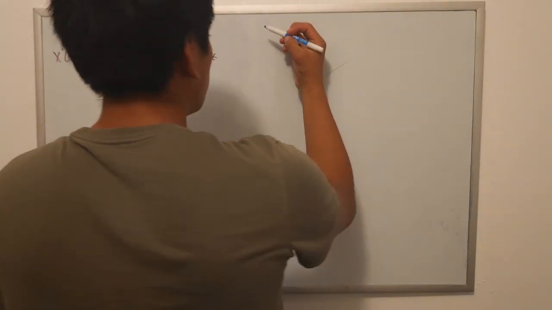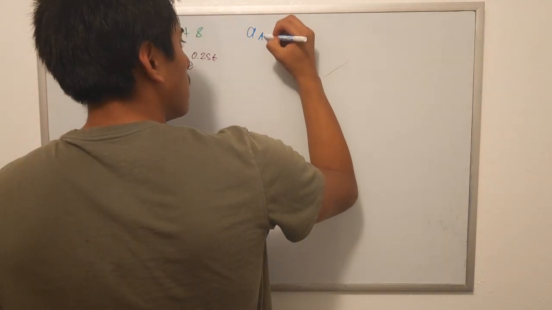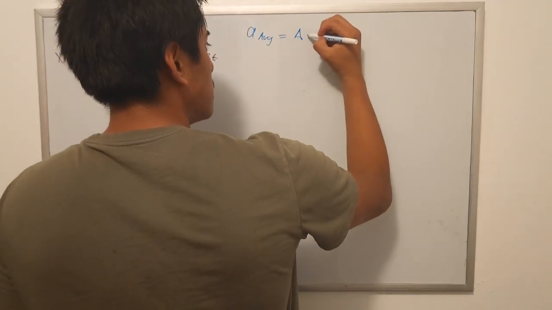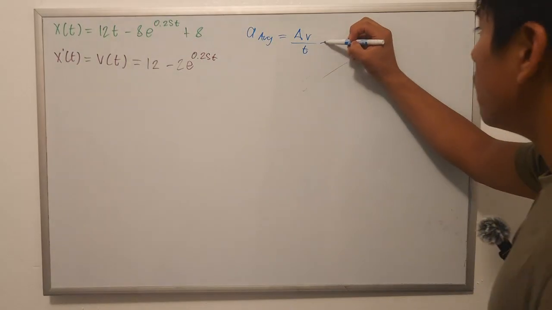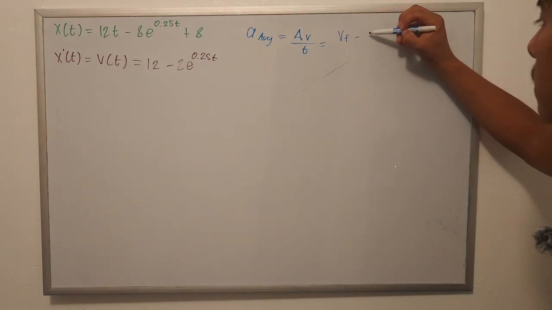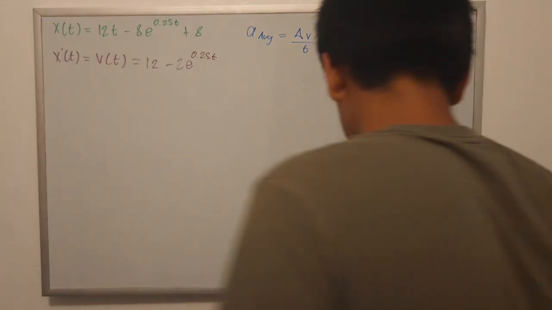So we're going to use a very similar equation, which is the average acceleration is equal to the change in velocity over time, and that could be rewritten as velocity final minus velocity initial over time.